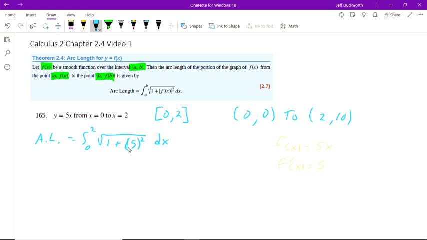Probably what would be best for notation's sake is just have something like the derivative of 5x, quantity squared in there, and then just have another line.